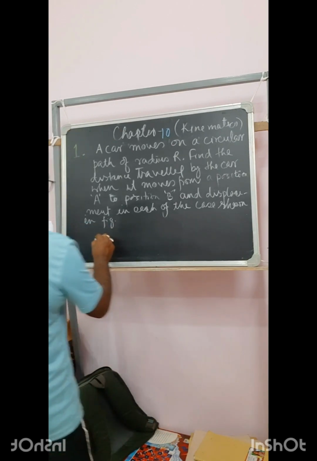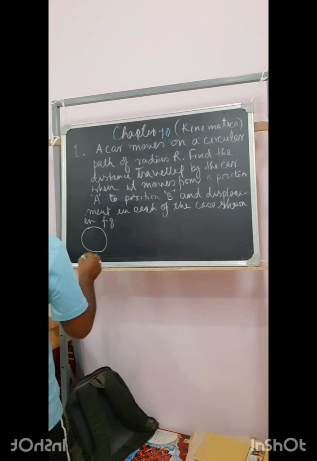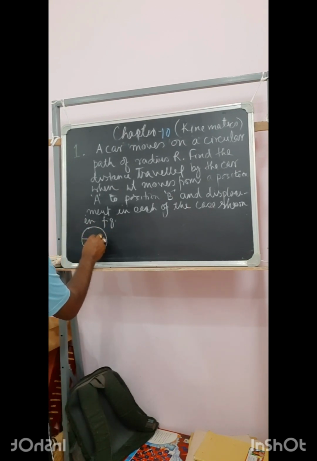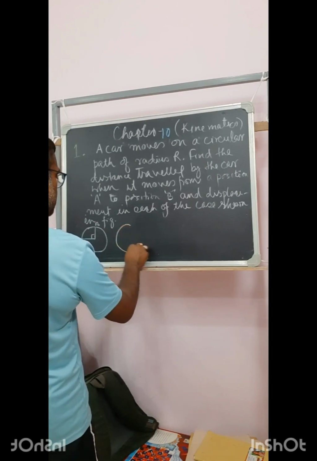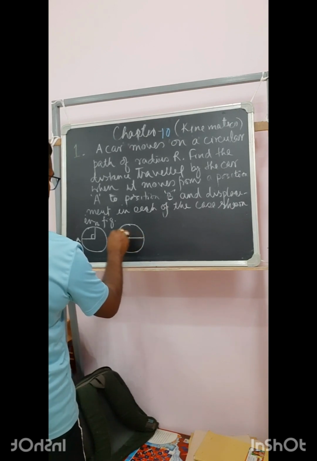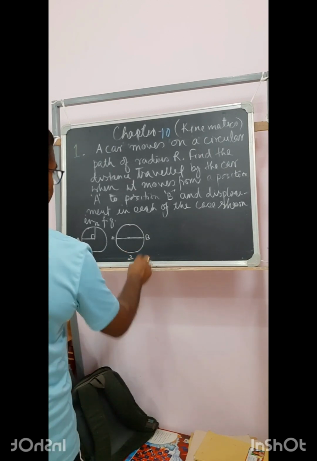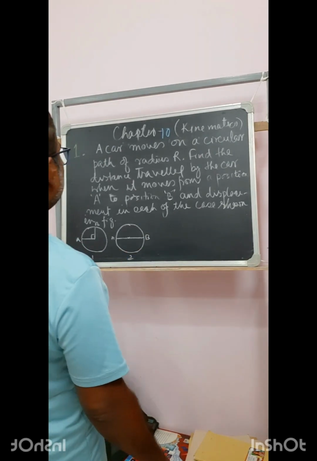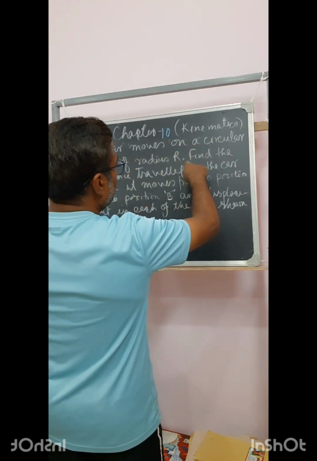So the two figures are shown. Figure 1 where the movement is from A to B and this is right angle. Another case it is diametrically opposite A to B. This is first case, this is second case. Now let me read it out again. A car moves on a circular path of radius r.